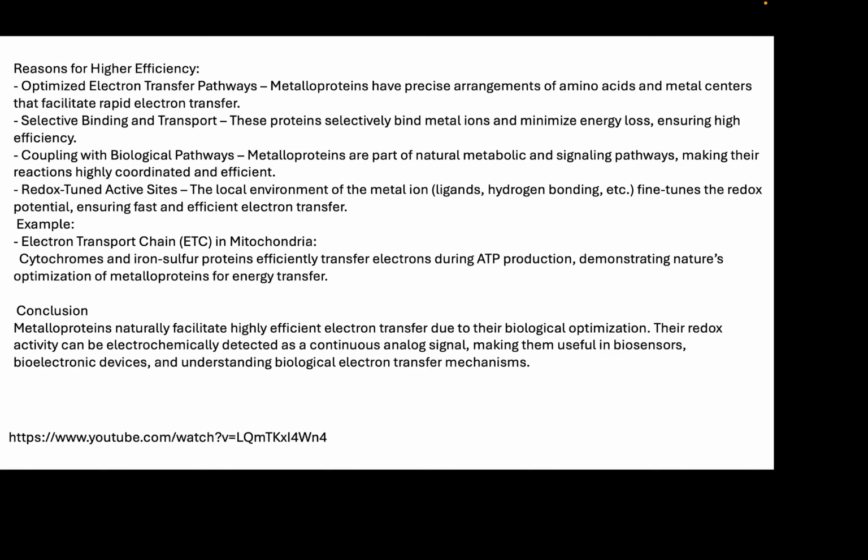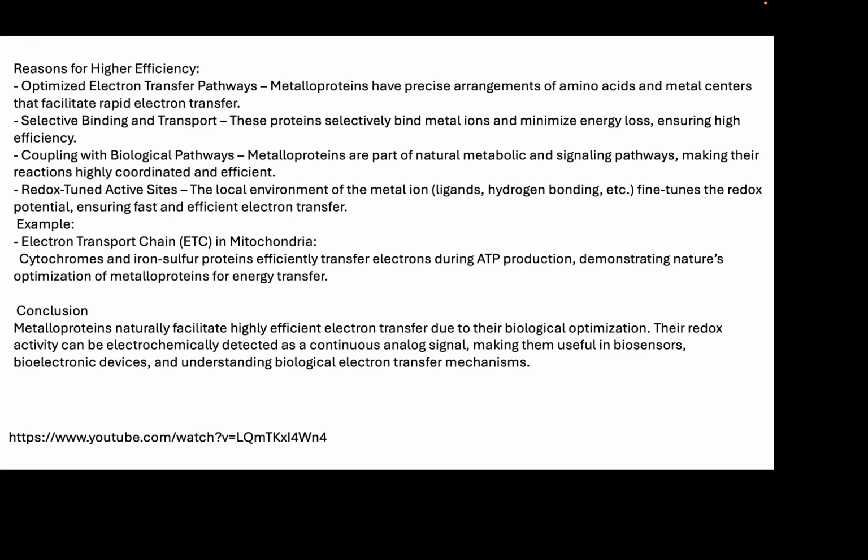Okay, so a few reasons for the higher efficiency of metalloproteins include optimized electron transfer pathways, selective binding and transport, coupling with biological pathways, redox-tuned active sites, and the electron transport chain, as I have mentioned earlier, and we'll see what it is exactly. So the overall conclusion is metalloproteins naturally facilitate highly efficient electron transfer due to their biological optimization.